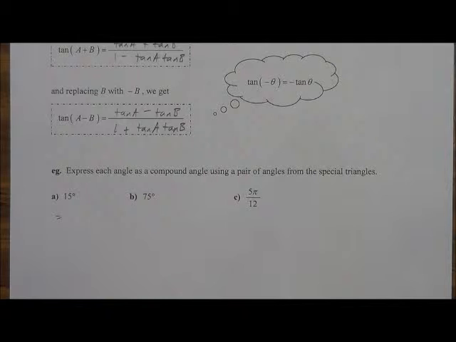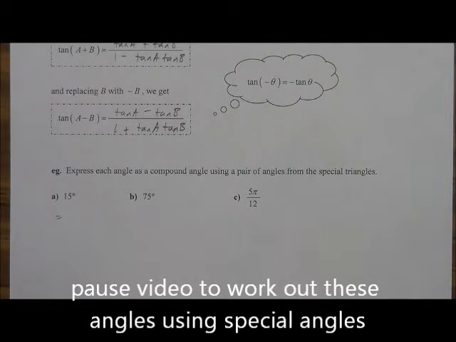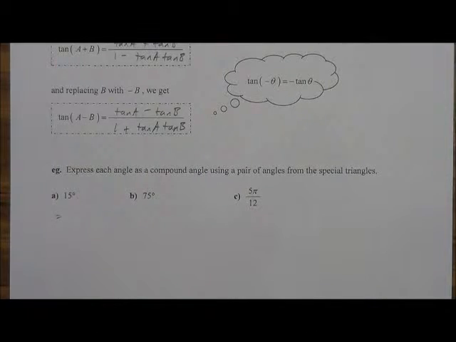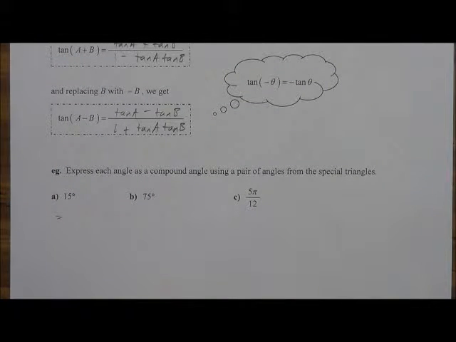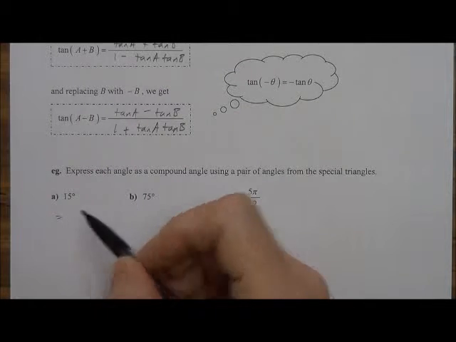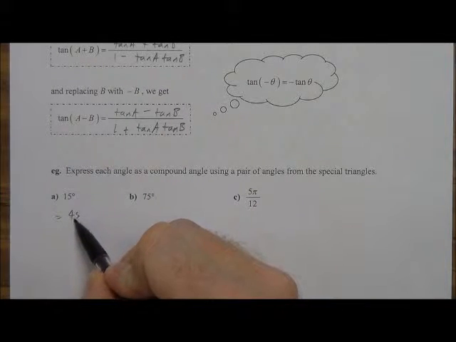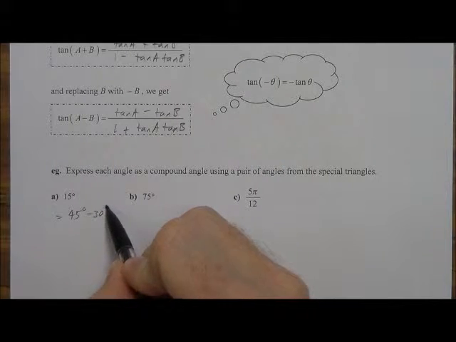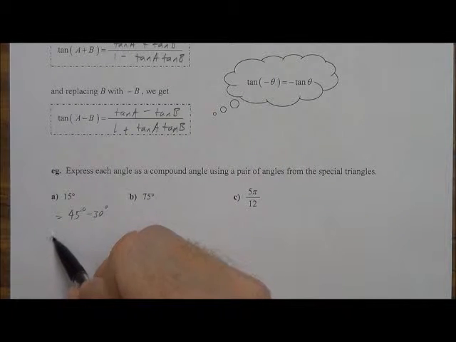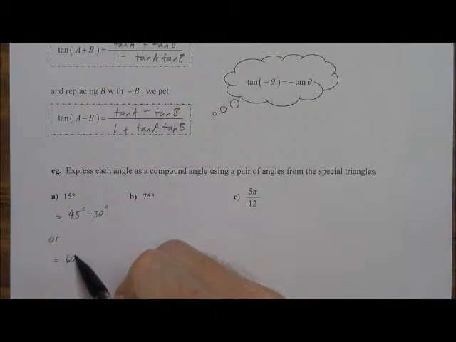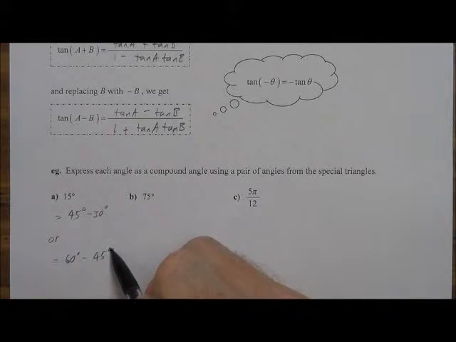So what 2 angles would give you 15 degrees? Think about that for a second and come on back to check. Okay, now that you've had a chance to think about that, we see that 15 degrees can be made up of a couple different options. We could either have 45 degrees minus 30 degrees, or it could be 60 degrees minus 45 degrees.